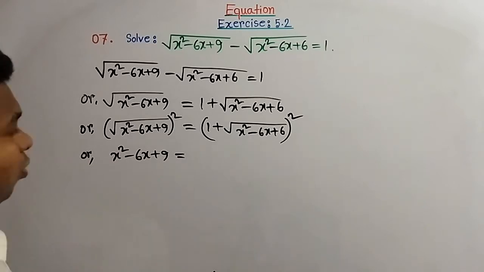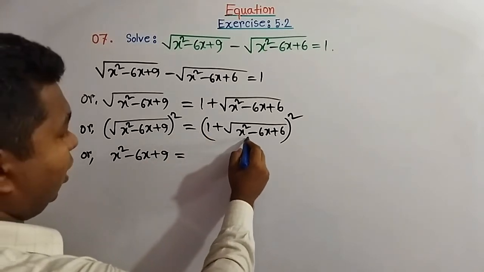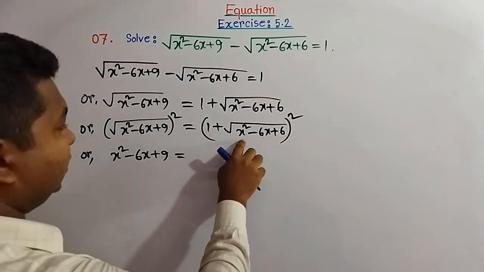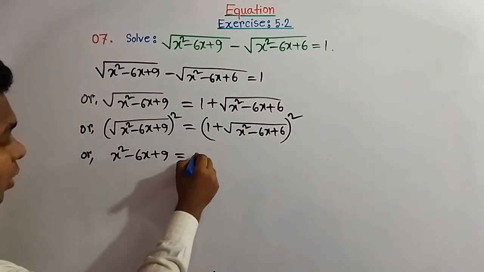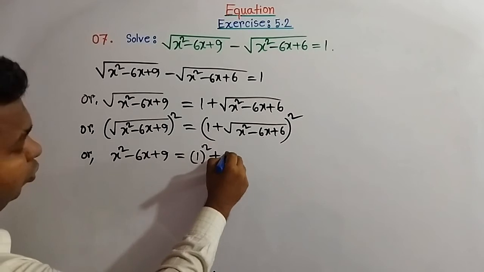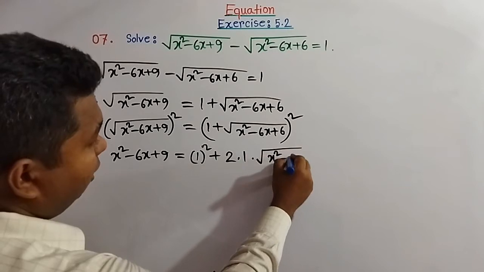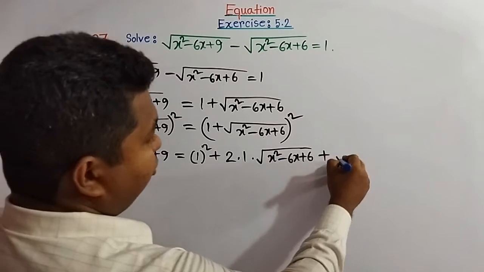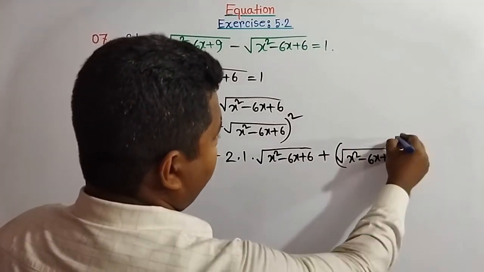Considering 1 as a and square root of x square minus 6x plus 6 as b, we apply the formula a plus b whole square. You all know the formula. The formula is a square, that is 1 square, plus 2ab, that is 1 into square root of x square minus 6x plus 6, plus b square, that is square root of x square minus 6x plus 6 whole square.